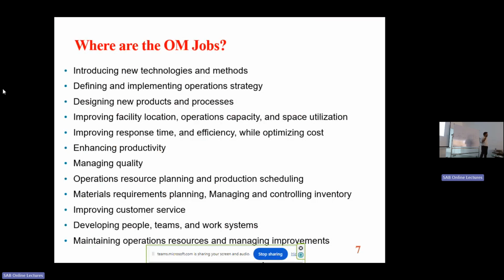Those are the key decisions and key responsibilities. And then, of course, maintaining operations resources and many other managing improvement decisions.